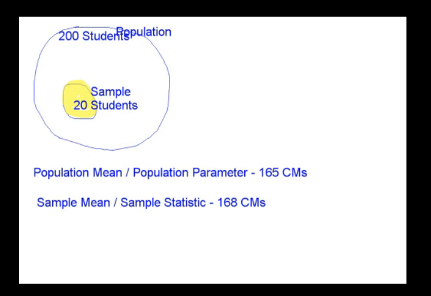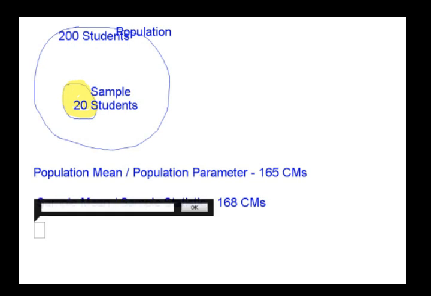So the population mean turned out to be 165 centimeters and the sample mean turned out to be 168 centimeters. Now this difference of 3 centimeters, or the difference between sample statistic and population parameter, or the difference between sample mean and population mean, is called sampling error.